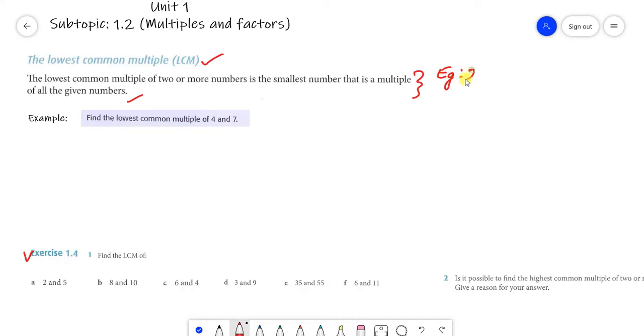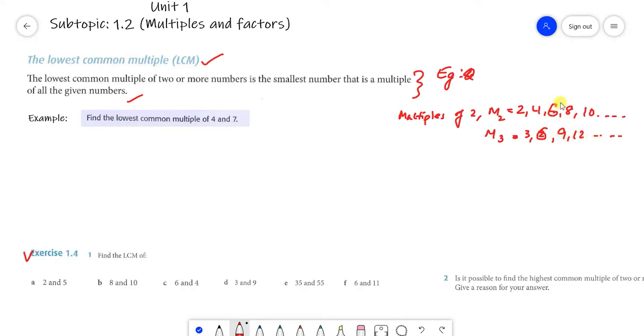You will understand better if I give an example. Let's say for example 2. Multiples of 2, or we can write it as m2: 2 1s are 2, 2 2s are 4, 2 3s are 6, 2 4s are 8, 2 5s are 10, and so on. Multiples of 3: 3 1s are 3, 3 2s are 6, 3 3s are 9, 3 4s are 12, and so on.